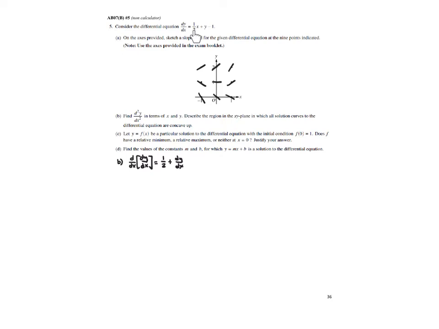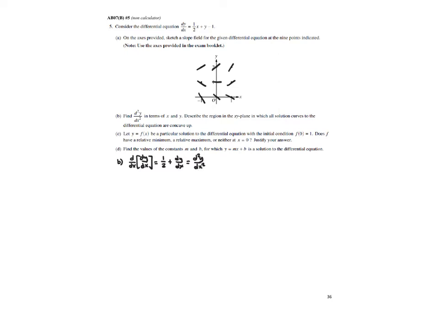Right? So if I took the derivative of 1 half x with respect to x, I get a half. Derivative of y with respect to x is dy dx, and the derivative of negative 1 is, of course, 0. So here we go. This is the second derivative of y with respect to x.